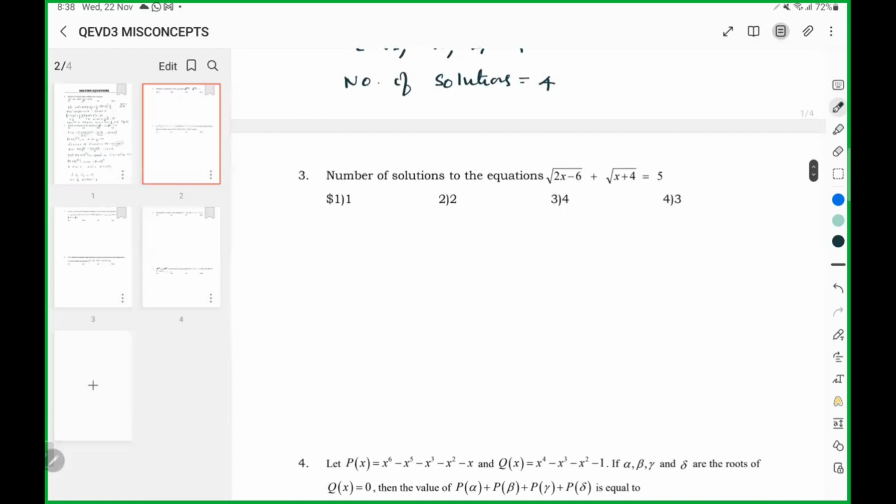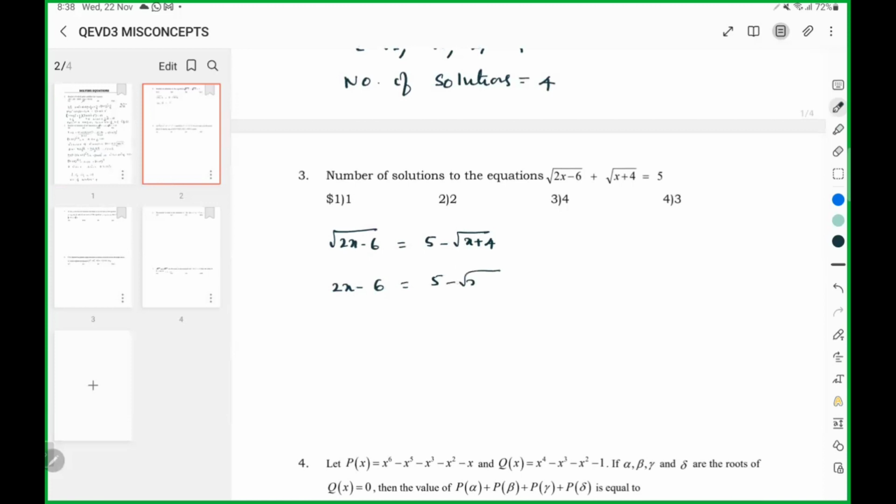This also seems to be a simple question. The direct way of solving is only squaring both sides.